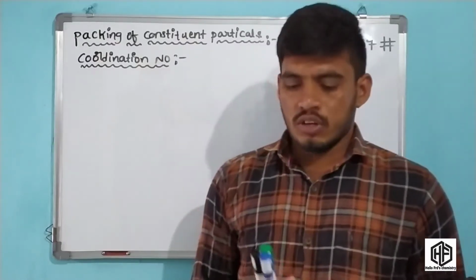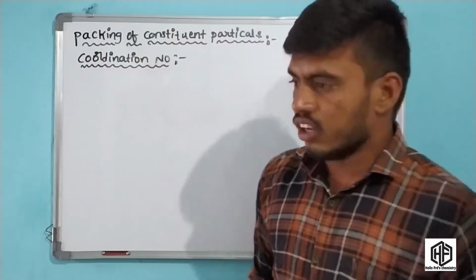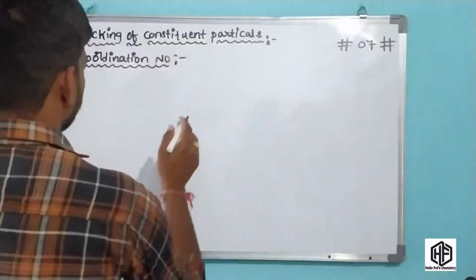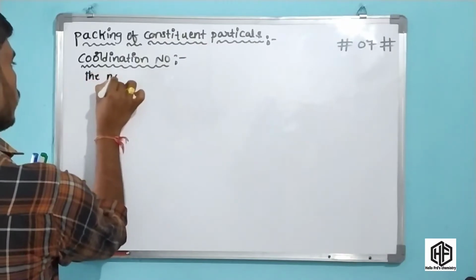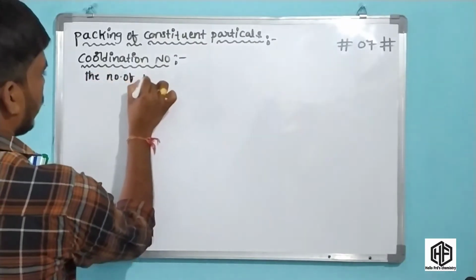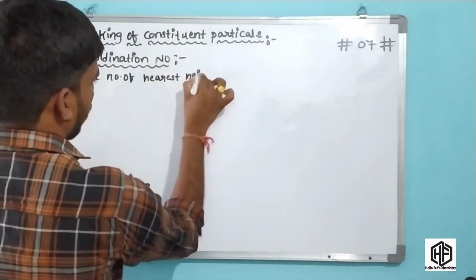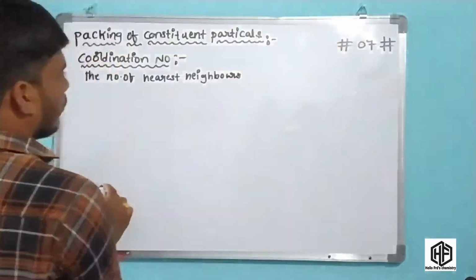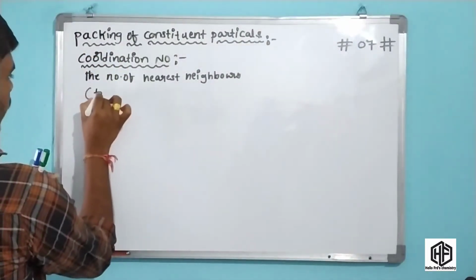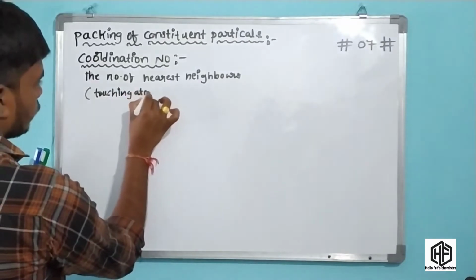See this board. Friends, first of all, what is the definition of coordination number? Coordination number is the number of nearest neighbors. The number of nearest neighbors means touching atoms.